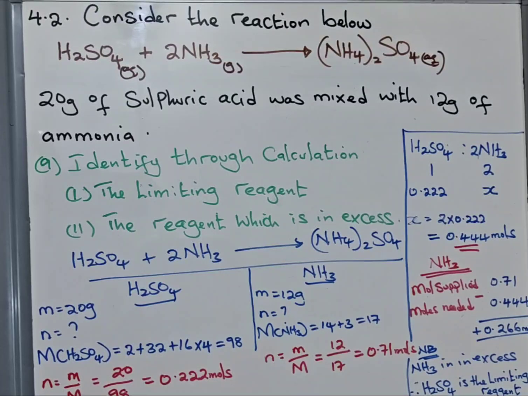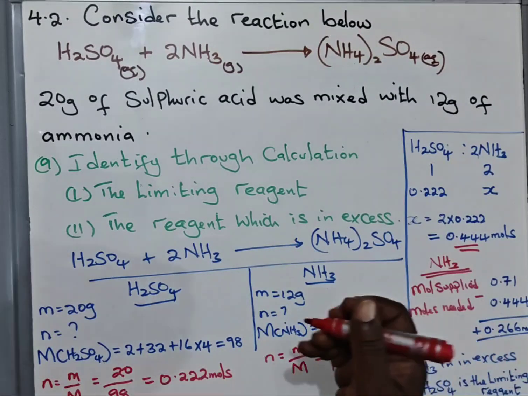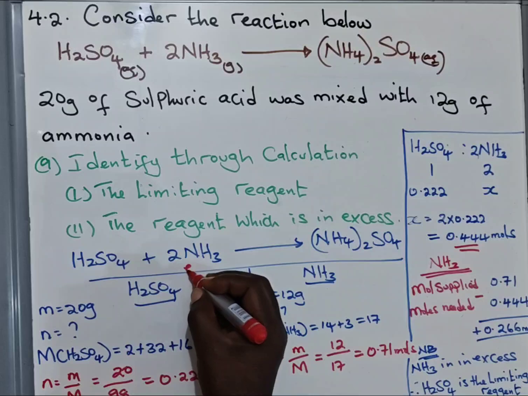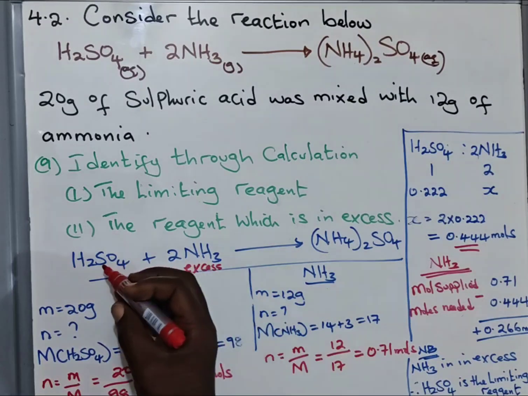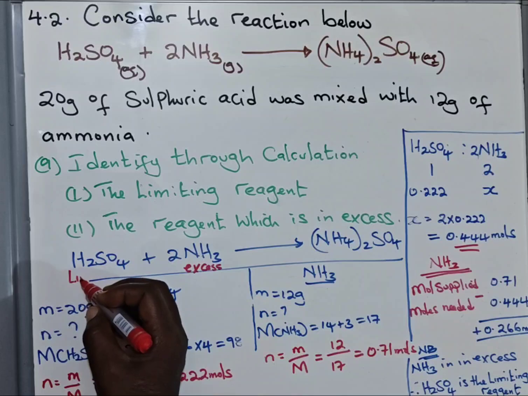So that is that. We have just identified, if I might remind you, that ammonia is the excess and this one is the limiting.